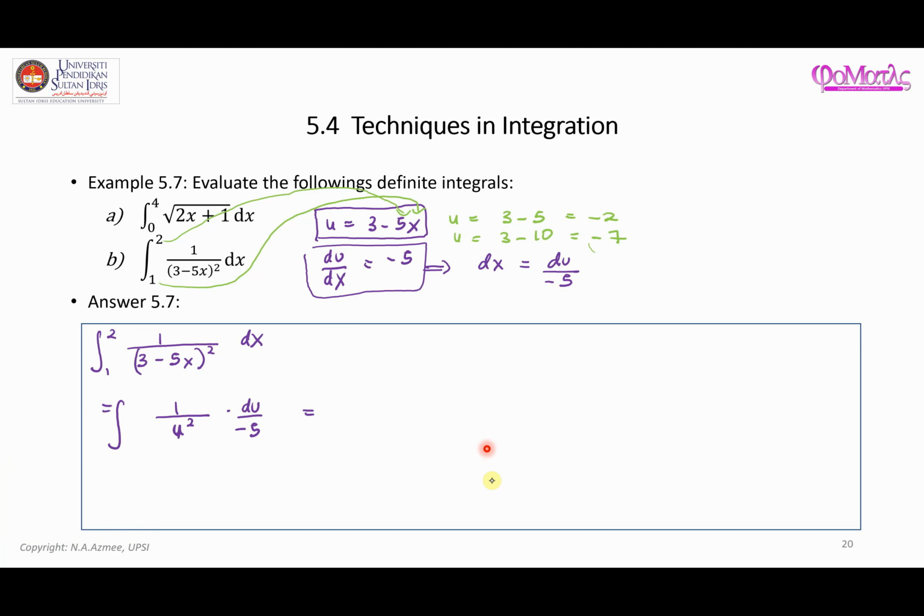So now we have negative 1 over 5, and then 1 over u squared is u to the negative 2, du. So you will get negative 1 over 5, u to the negative 2 plus 1, over negative 2 plus 1.